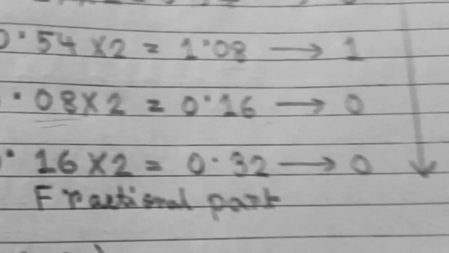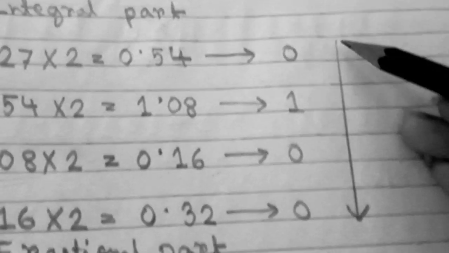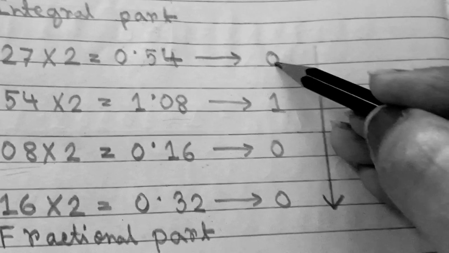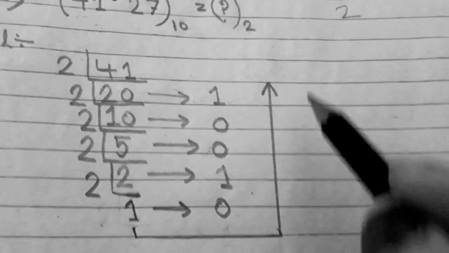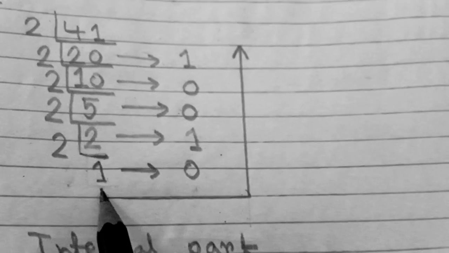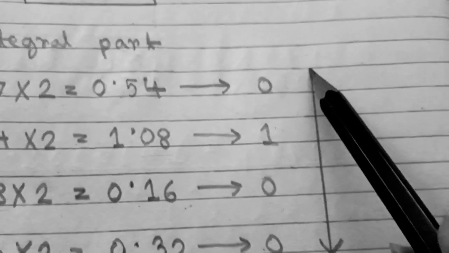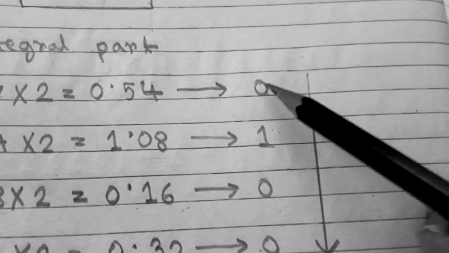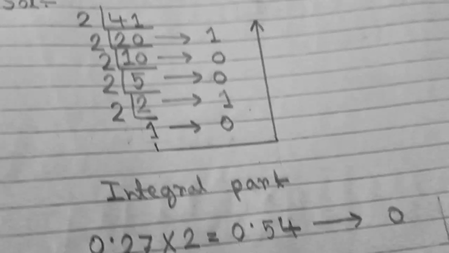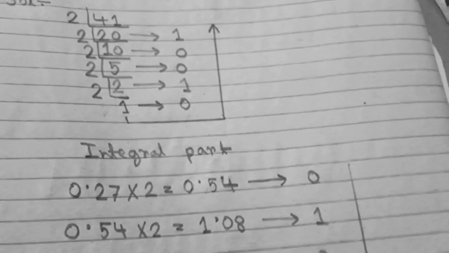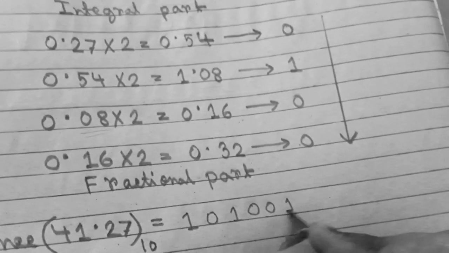Then you stop here, and for this you write down the result from the start only: 0 1 0 0. The integral part you write in reverse form, that means from last to start, and here you write from start to end, that means 0, 1, 0, 0. So how to write down the result? 41.27. For 41, I get 1, 0, 1, 0, 0, 1.